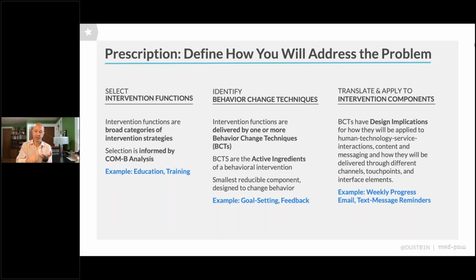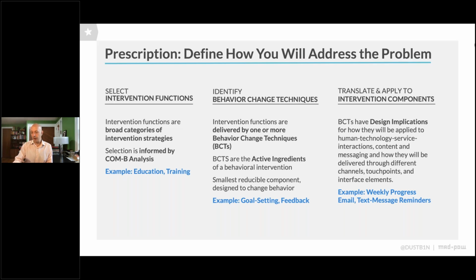Whether that's an app, a portal, feedback on a wearable, SMS, chatbot, Internet of Things, whatever that might be, we can think about how we then deploy goal setting, feedback, etc., to those different modes of delivery.